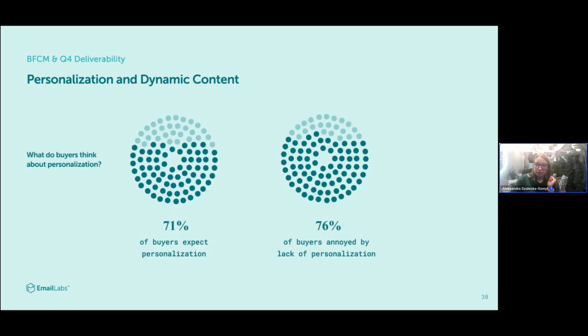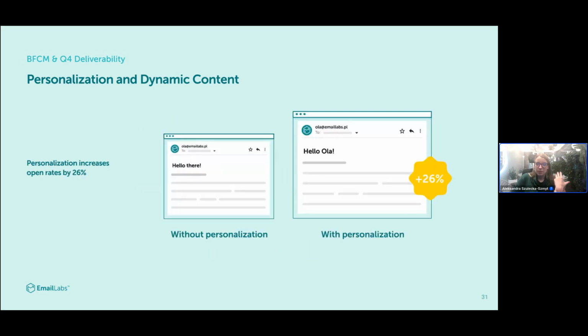What we also recommend is personalization and dynamic content. It is said that buyers, clients and recipients in general like receiving personalized emails more than non-personalized emails, because they feel that they are more important, they feel seen, they feel that the email was crafted specifically for them and not for some general population of recipients.